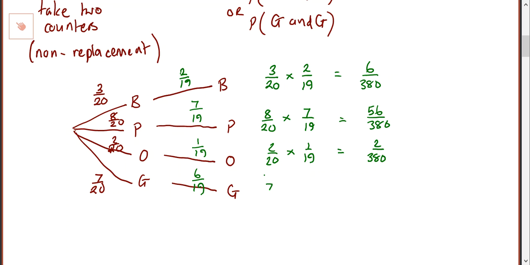And then 7/20 times 6/19 is 42. All right. 106 over 380 is the chance of getting two of the same. Add those. What are you saying? 106 over 380. Okay.